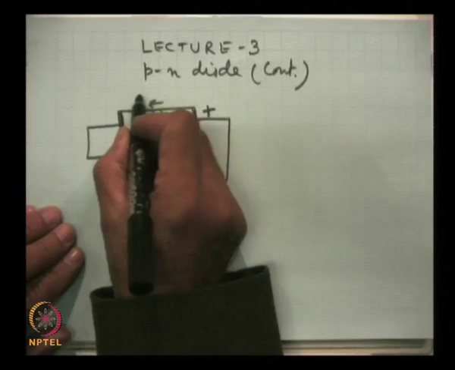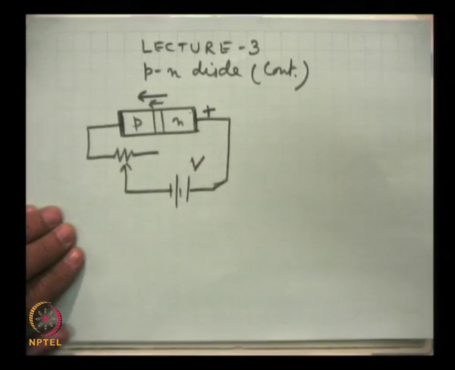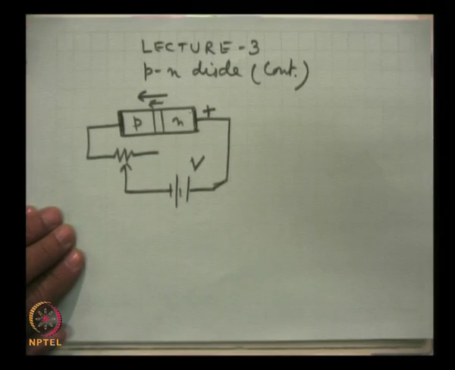So, this is the direction of the applied field. The two fields are in the same direction. As a result, the potential barrier height goes up and the diagram becomes this.